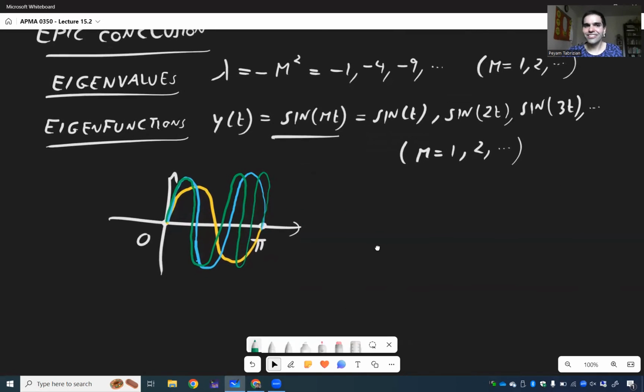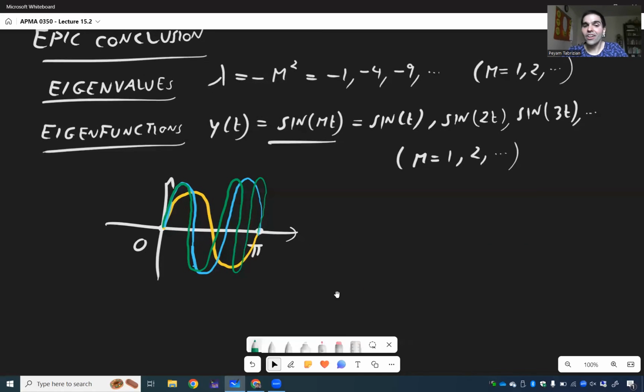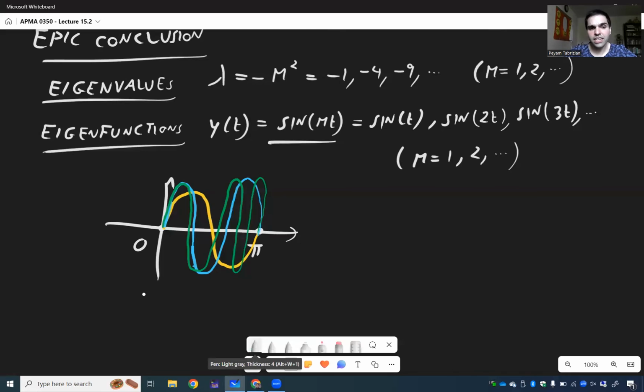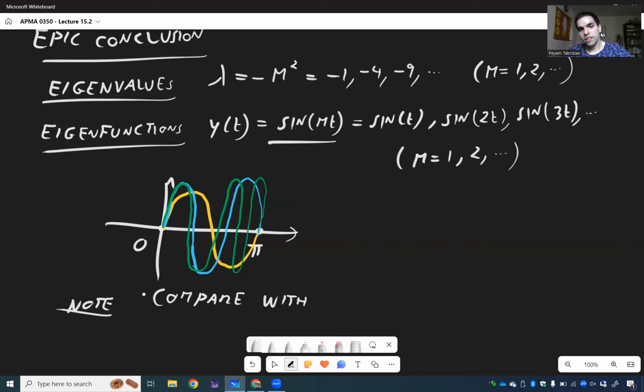Last but not least, really here, so why is it called an eigenvalue and eigenfunction problem? This is in comparison with linear algebra, if you've taken that. So compare with linear algebra, the problem of finding eigenvalues and eigenvectors is really solving Av equals lambda v.